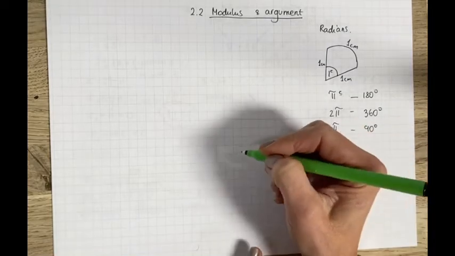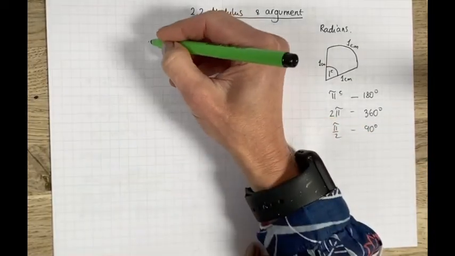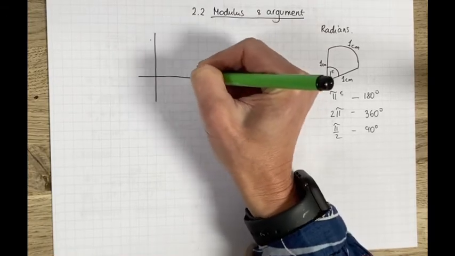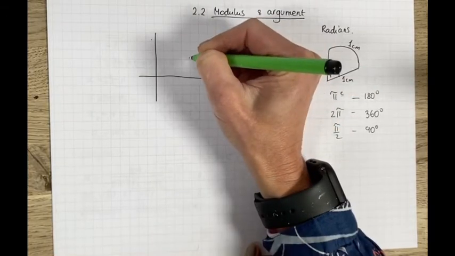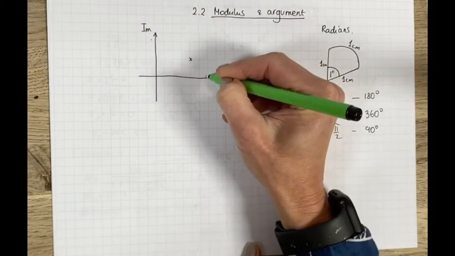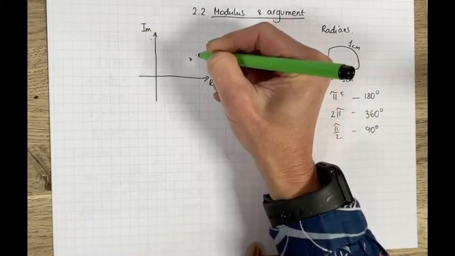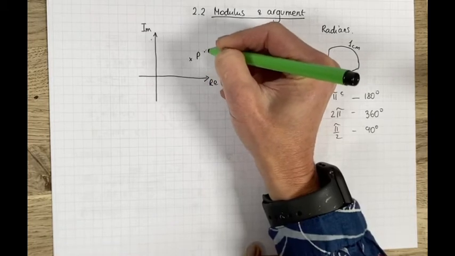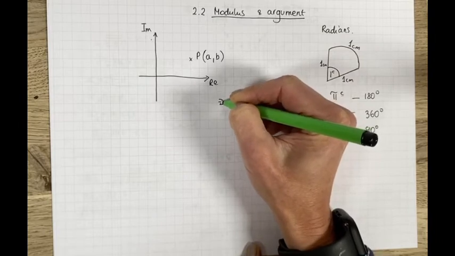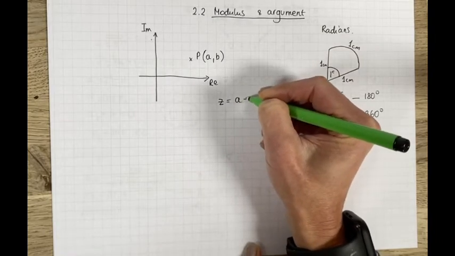Okay, so what is modulus and argument? Let's plot a general point on an Argand diagram. Let's call it P, and this has coordinates A and B. Our complex number Z is A plus iB.